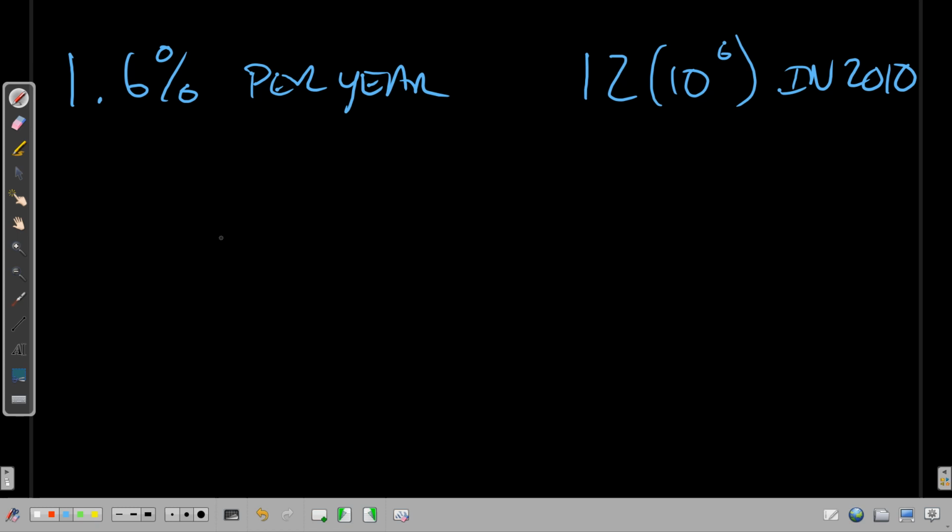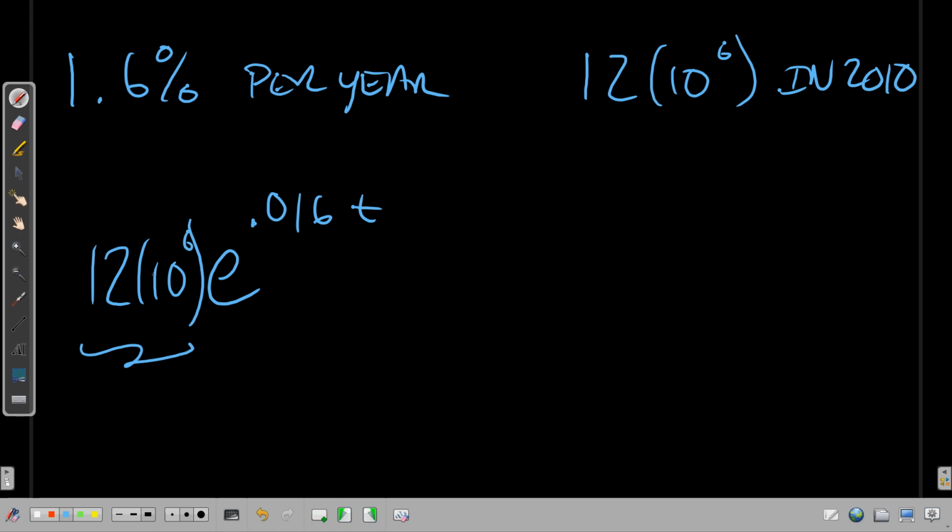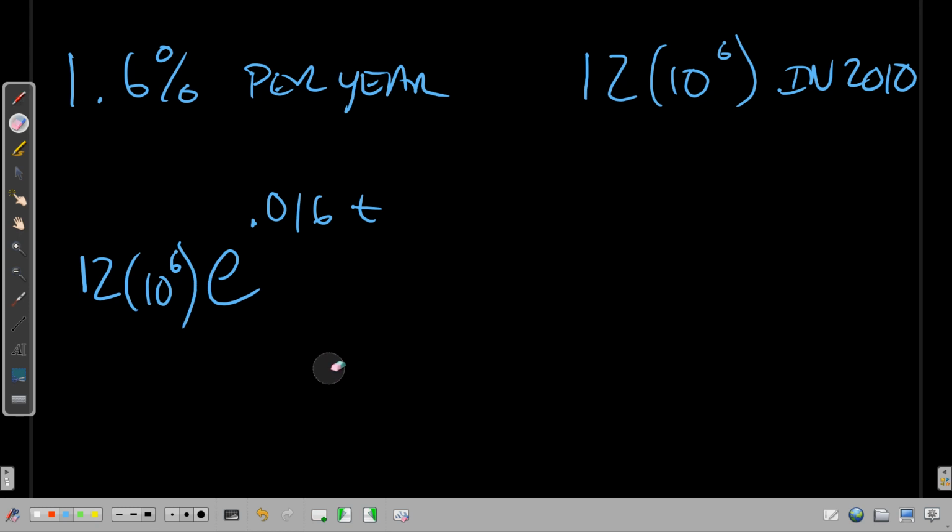So, this is 12 million. And if t is 0, then e to the 0 is just 1, so you would have 12 million for your population.